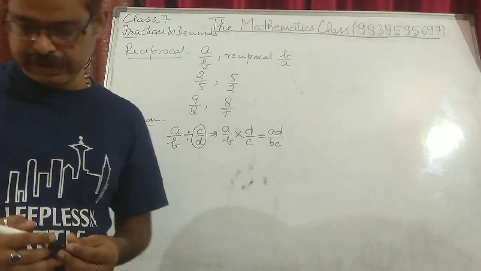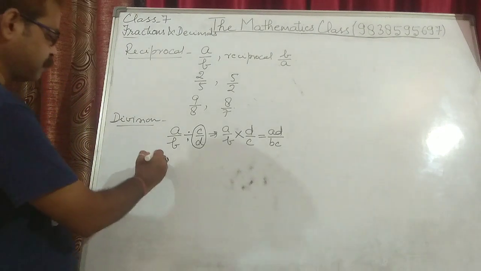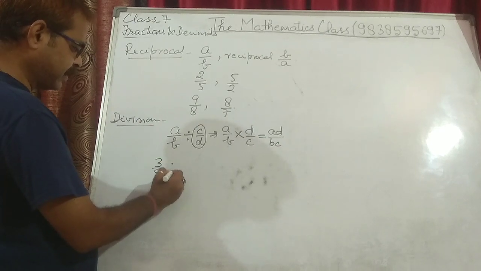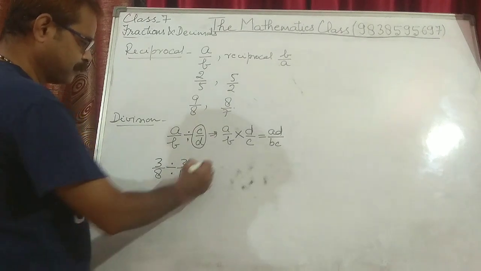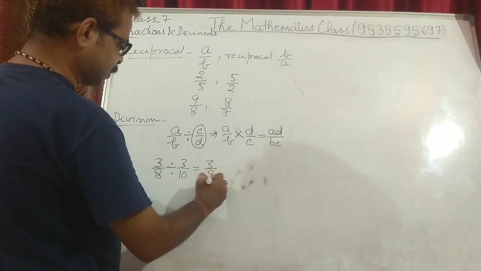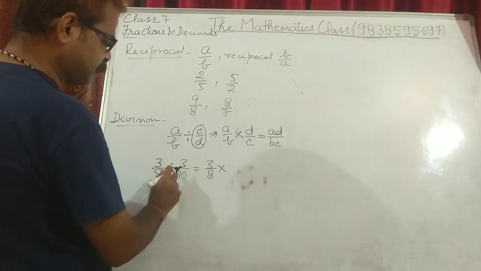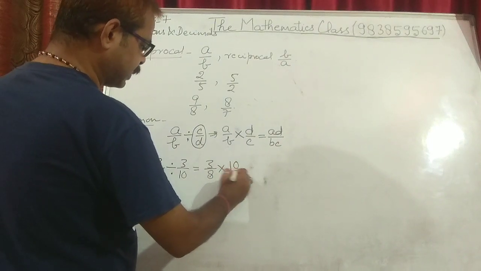Let us take an example for that. Let's take 3 upon 8 divided by 3 upon 10. What will it be? 3 upon 8 will be as it is. Division sign converts to multiplication sign. 3 upon 10 will convert to its reciprocal, which will be 10 upon 3.